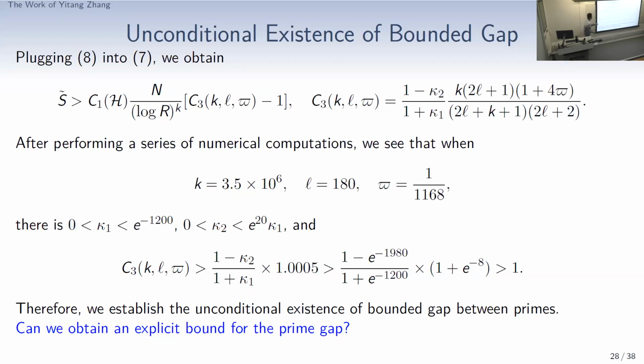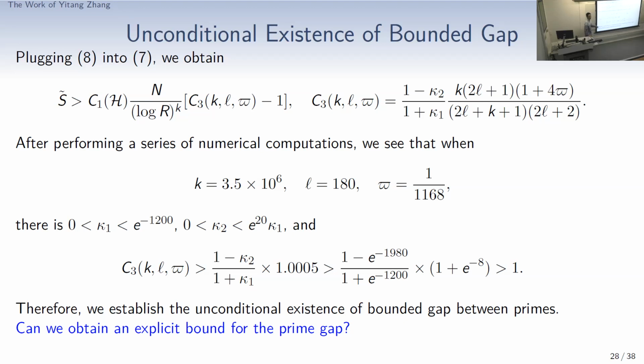By plugging in, this is a numerical calculation, there's not much wisdom in it, but just plugging in these values, Zhang found that this C3, the sum, is strictly greater than 1, which makes this S term greater than 0. And this K allows us to make this sum greater than 0, which means that as long as we can find an admissible tuple with this number of elements, then we have bounded gaps between primes.